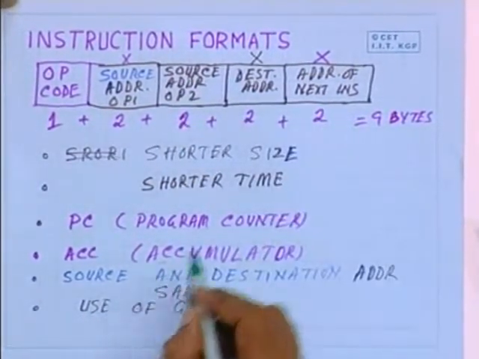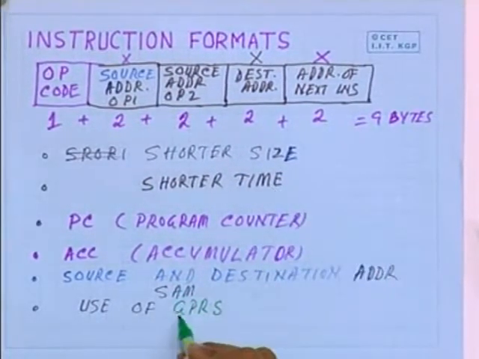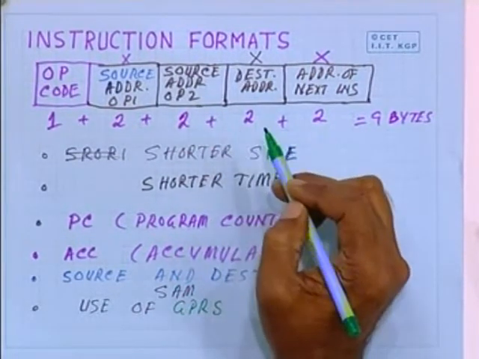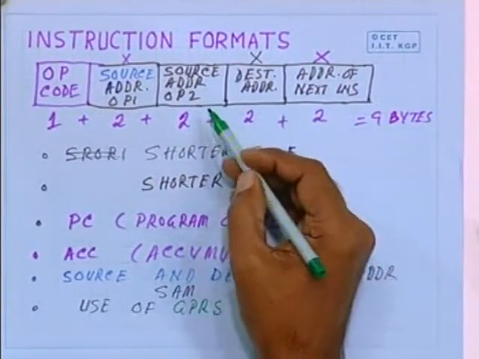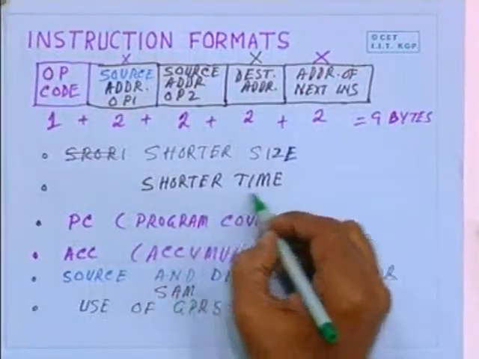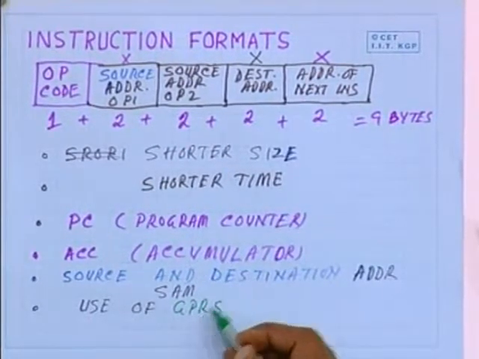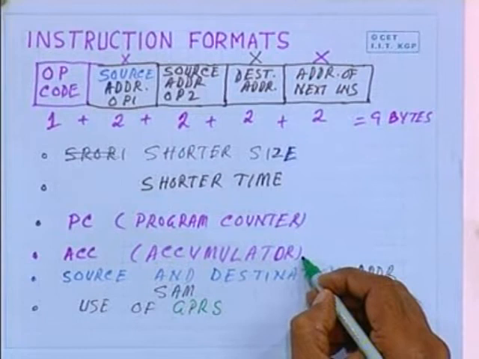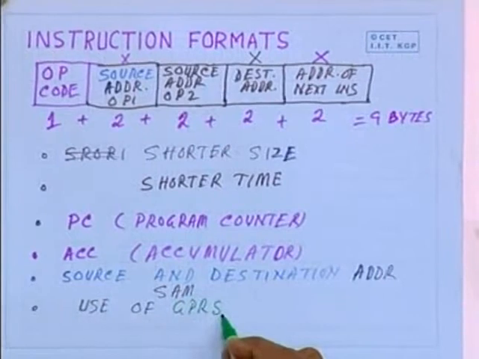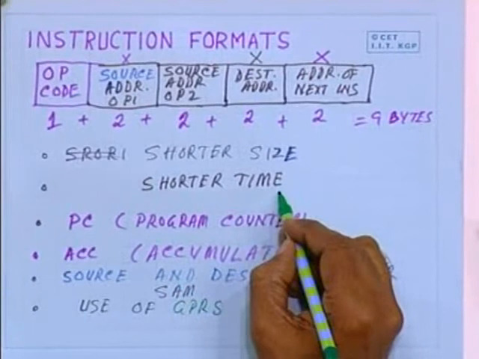So this is how you can reduce the size of the instruction. Whenever you use the general purpose registers as the source of operand 2, the time required to fetch the operand from memory will be reduced, so it will take shorter time to execute. So the use of the program counter, the accumulator, the same source and destination address and general purpose registers leads to shorter instruction size and shorter execution time.